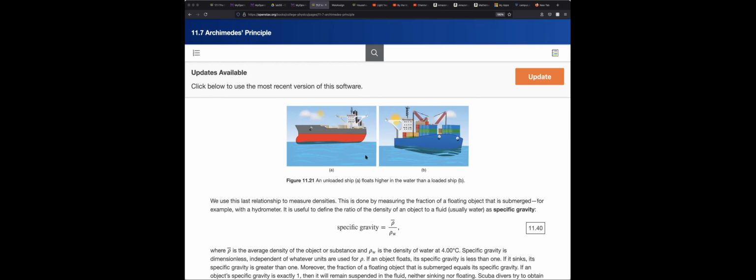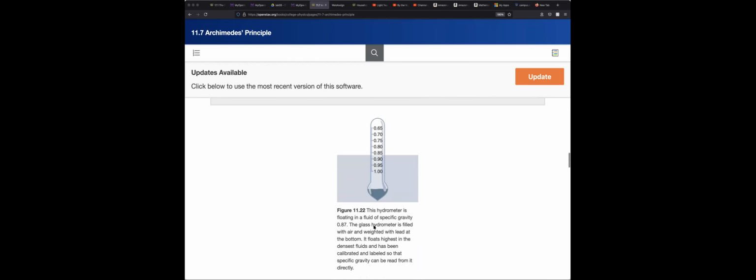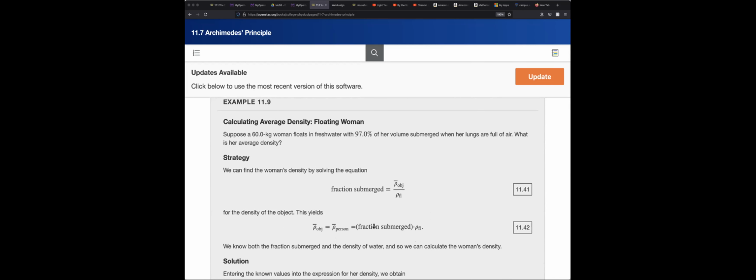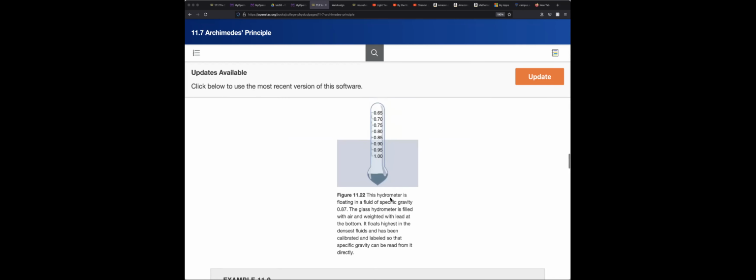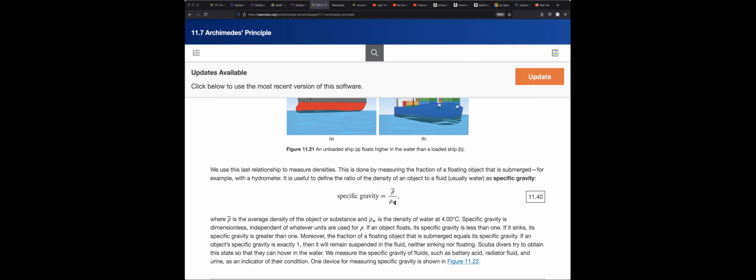We often define something with objects that are floating with a specific gravity, particularly when it's floating in water. You take the average density of the object, divide it by the density of water, and you get its specific gravity. And the specific gravity essentially tells you how much something is going to float. So if you have a specific gravity that is less than 1, it's going to float.